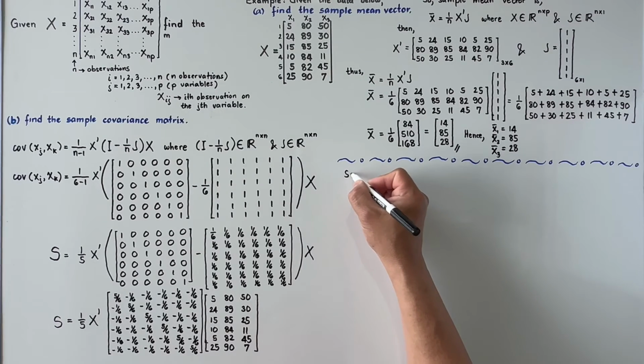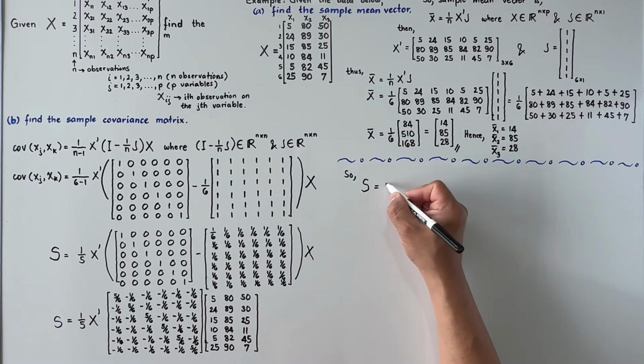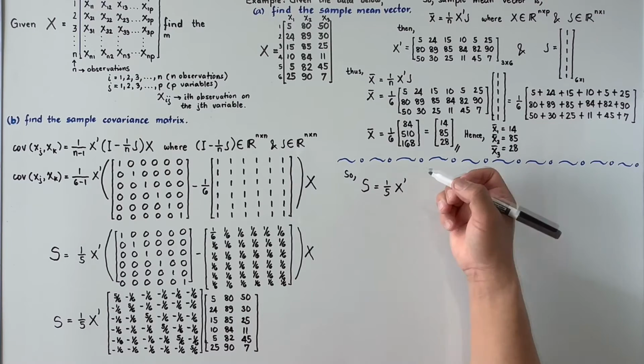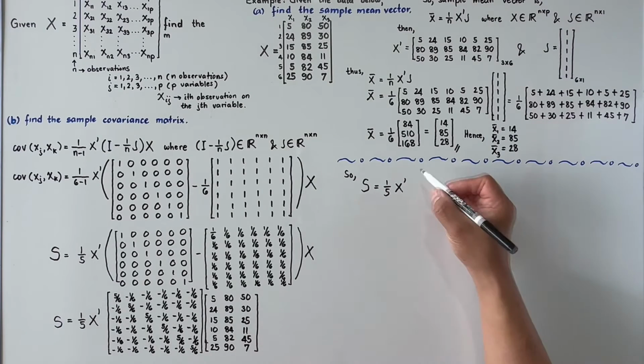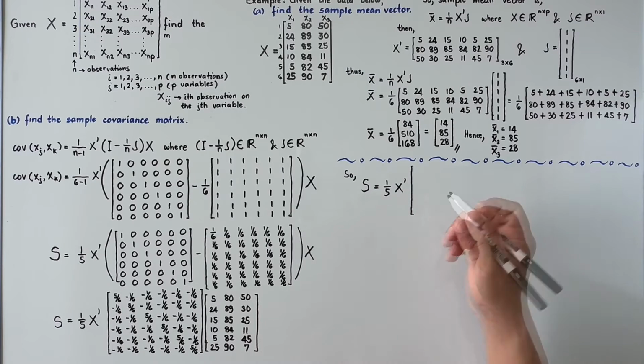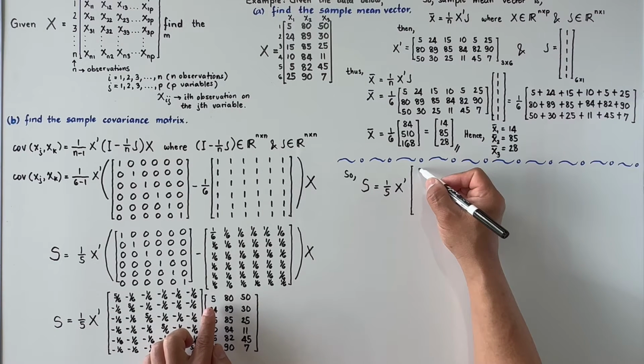So for our covariance matrix S, we have 1/5 of the data matrix X transpose multiplied by the product of these two matrices. And how do we multiply? We multiply the first row by the first column. So 5/6 times 5, that's 25 over 6.